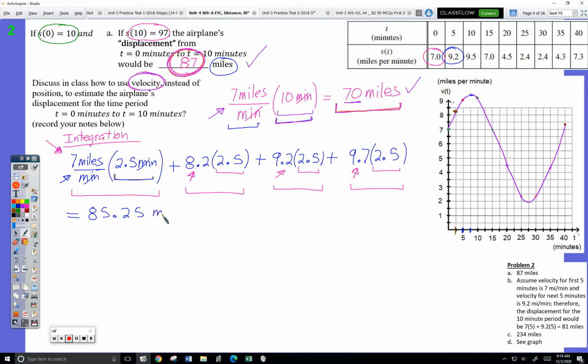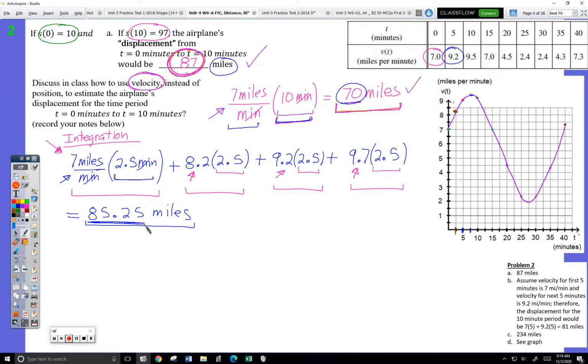There's going to be a lot of points on the next test that are given for having the right units. So you've got to make sure you remember to use units. So now what we know is this. When we checked the velocity once in the 10-minute period, our computation said the displacement would have been 70 miles. When we checked the velocity 4 times in the 10-minute period, our computation said the displacement would be 85.25 miles.